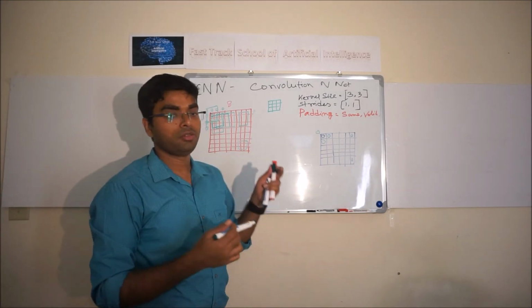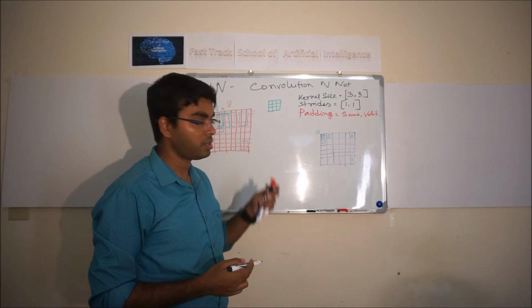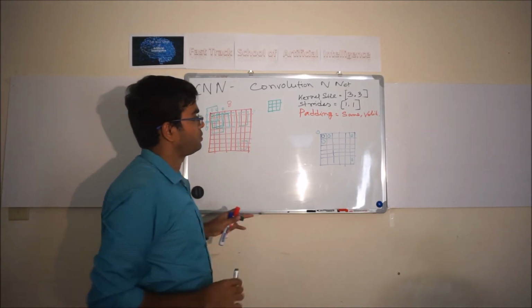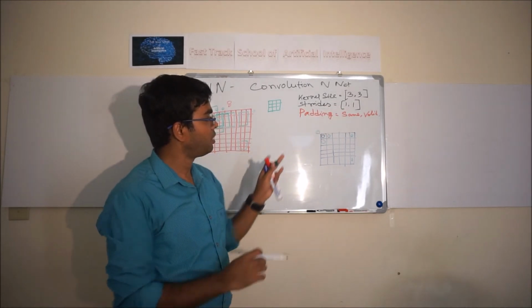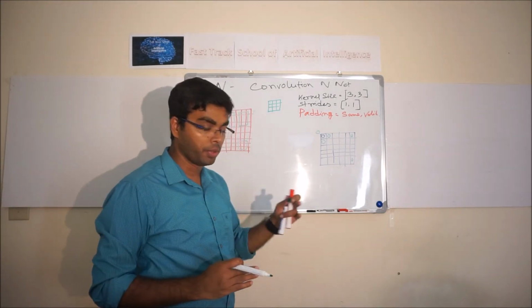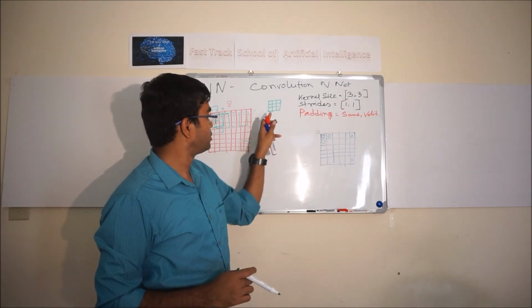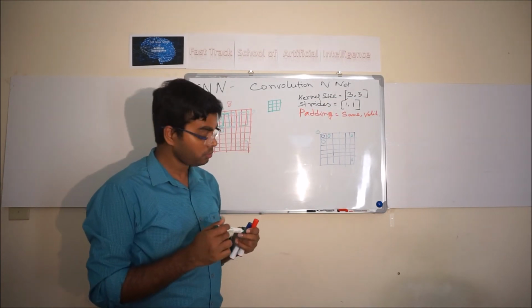If it is 5, then it will add 2 more rows and 2 more columns. But this is how it works. Strides means the number of pixels it is going to shift toward right or toward bottom. Kernel size is majorly the size of the filter.